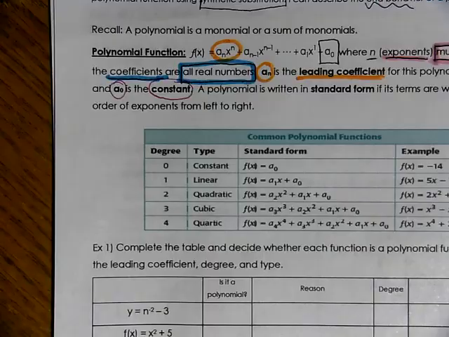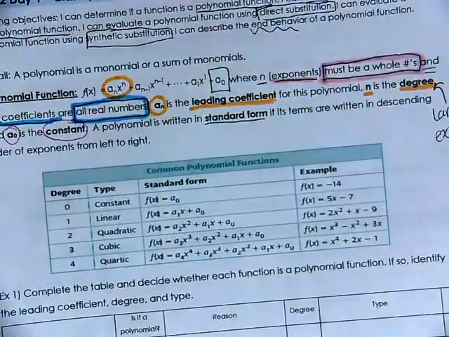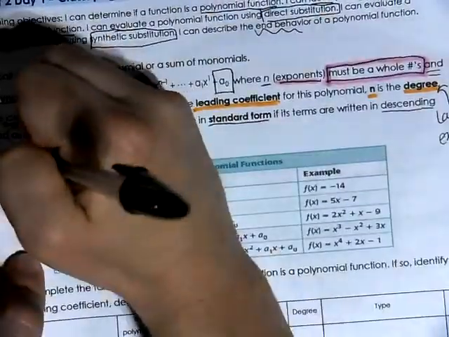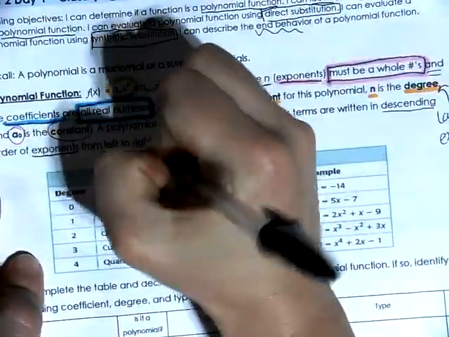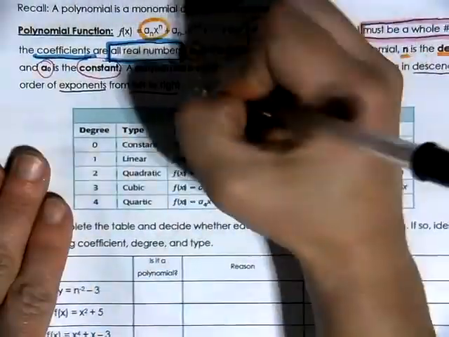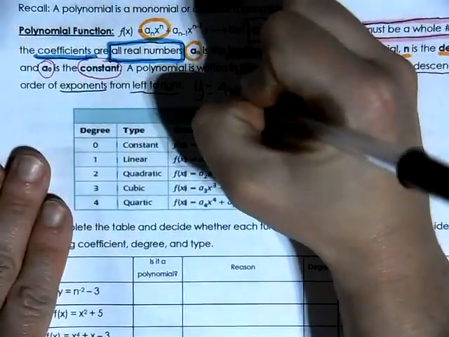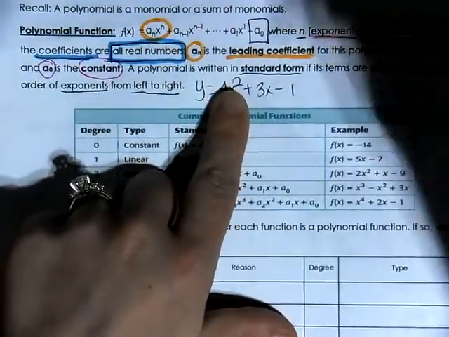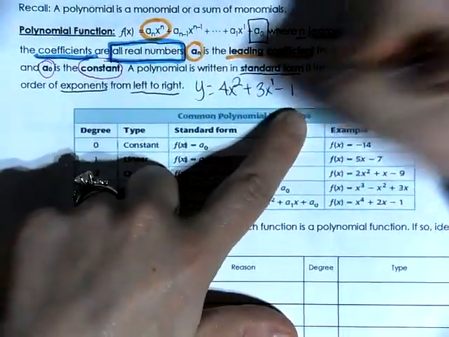Now, a polynomial is written in standard form if the terms are written in descending order of the exponents from left to right. So what that looks like is you would have something like y is equal to 4x squared plus 3x minus 1. The exponents would be 2, 1, and 0.